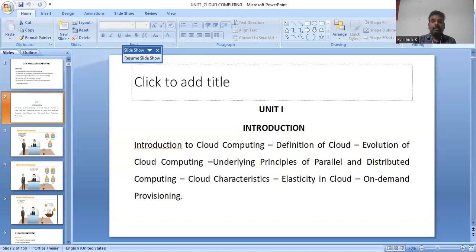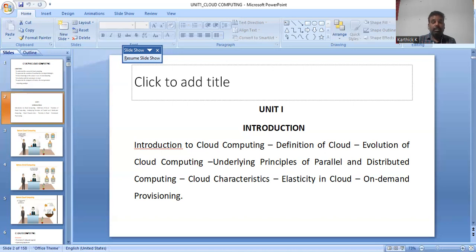Whereas a distributed system is a system whose components are located on different network computers, which communicate and coordinate their actions by passing messages to one another, right?